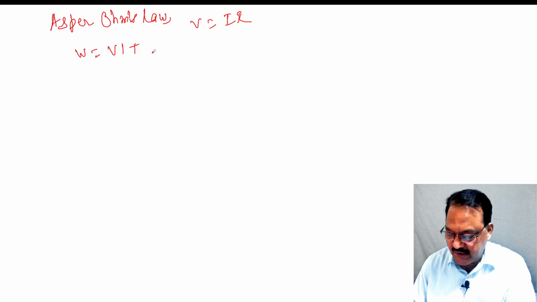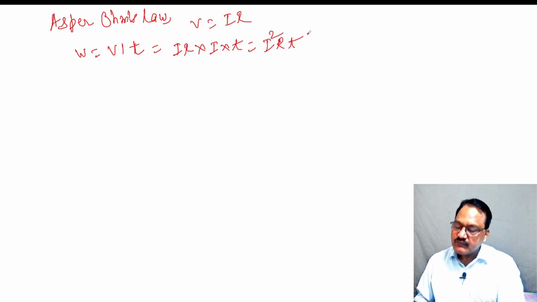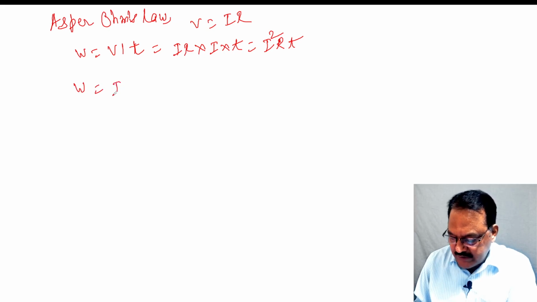Putting the value of V here, we can write IR into I into T. It will come out to be I square RT. So what we have related here is W is equal to I square RT.